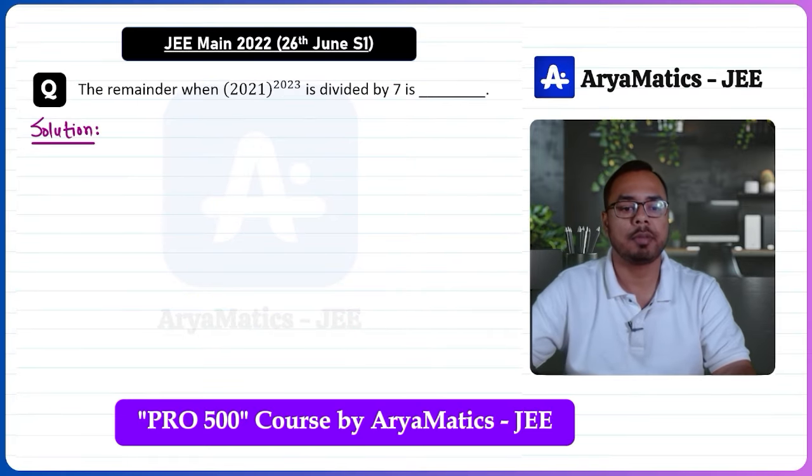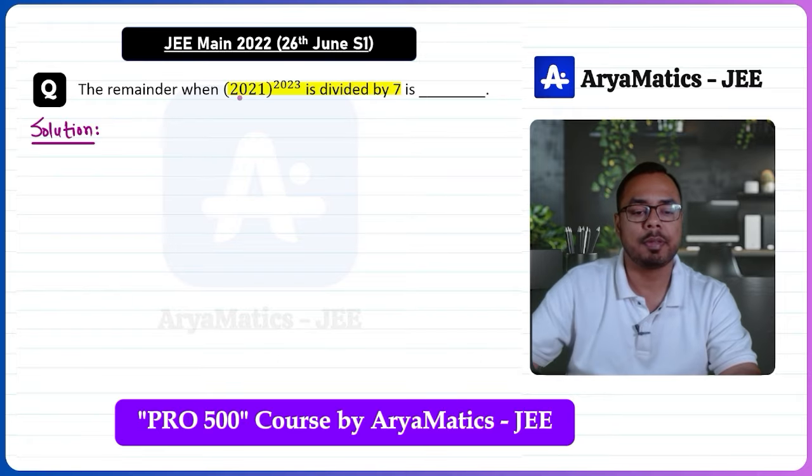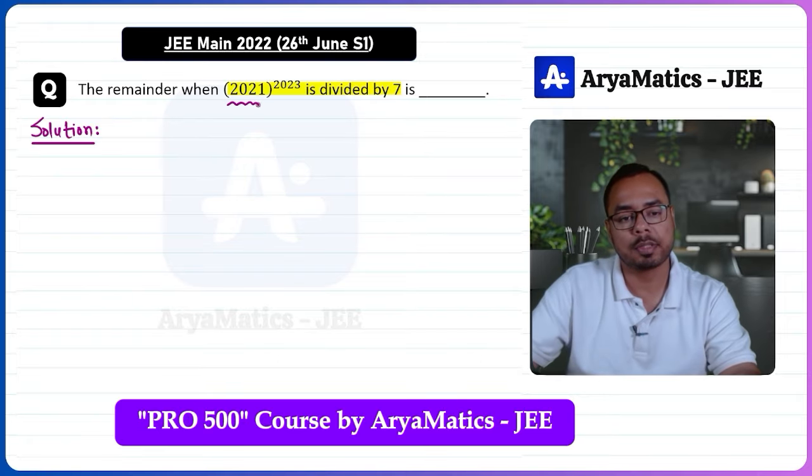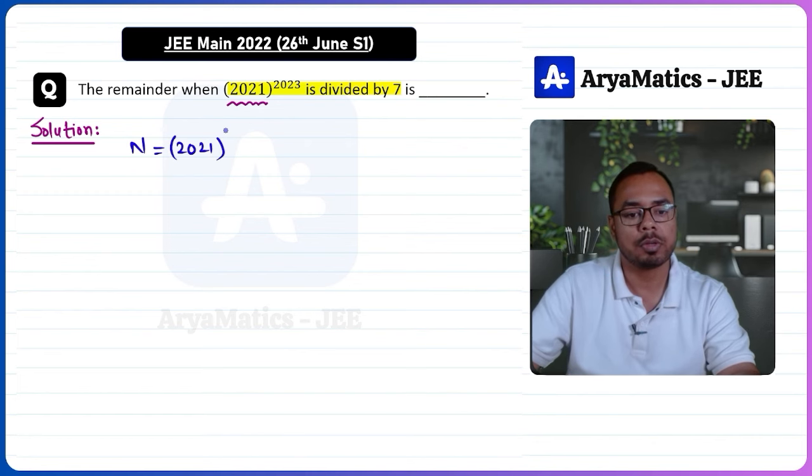Find the remainder when 2021 raised to 2023 is divided by 7. Now, in this problem, the first step will be to reduce this base. Let us say that this number n is 2021, raised to 2023.